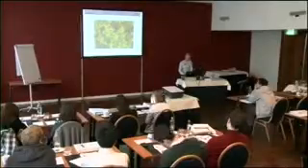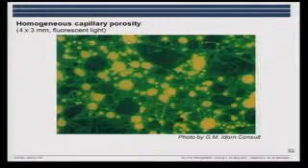What we have here, well, it's fluorescent impregnated, and the yellow, that's the voids. This is an aggregate. The green is the paste, and what we see here is that it has a very even green color, so it's a homogeneous capillary porosity.